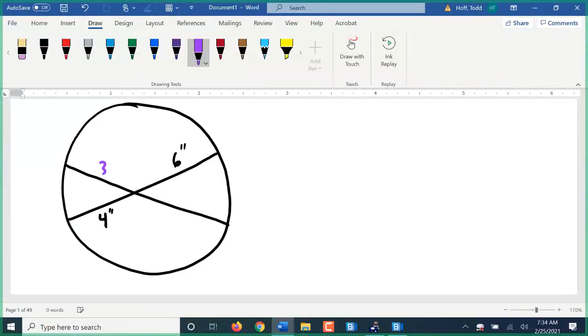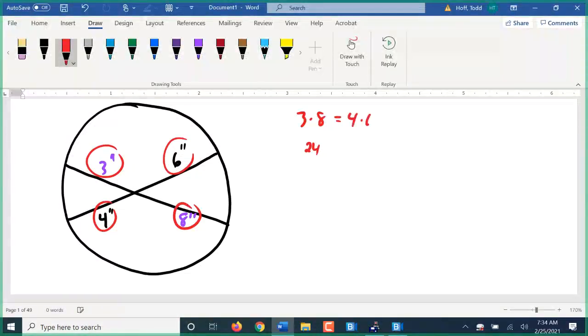If I know this one is 3 inches, this piece here has to be 8 inches because the two chords that intersect cut each other into pieces that multiply to the same product. 3 and 8 are in the same chord. 3 times 8 is 24. 4 and 6 are from the same chord. 4 times 6 is also 24. They cut themselves into pieces that have the same product.